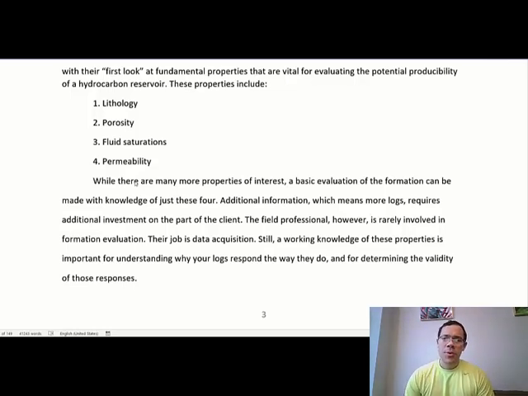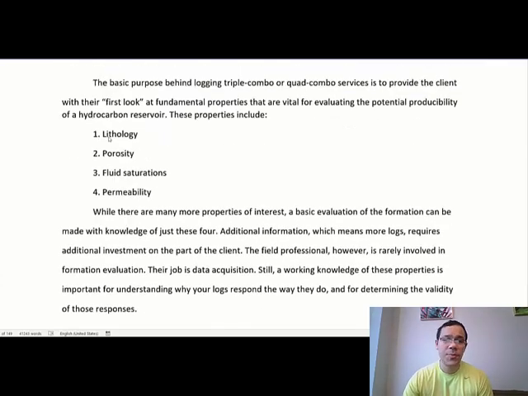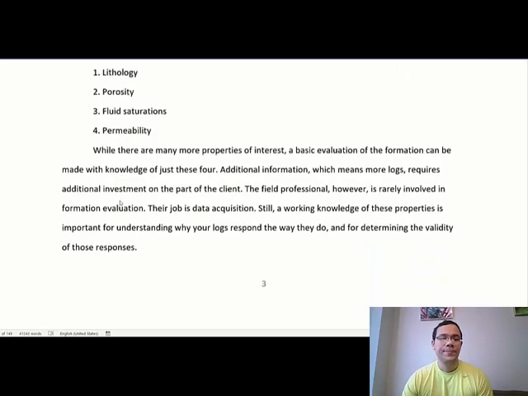So permeability refers to the property of the rocks that relates to the interconnected pore spaces. So it's basically whether or not you're going to be able to produce that rock. We're going to be covering that. But definitely you're going to be exposed to these 4 key parameters: lithology, porosity, fluid saturations, and permeability.